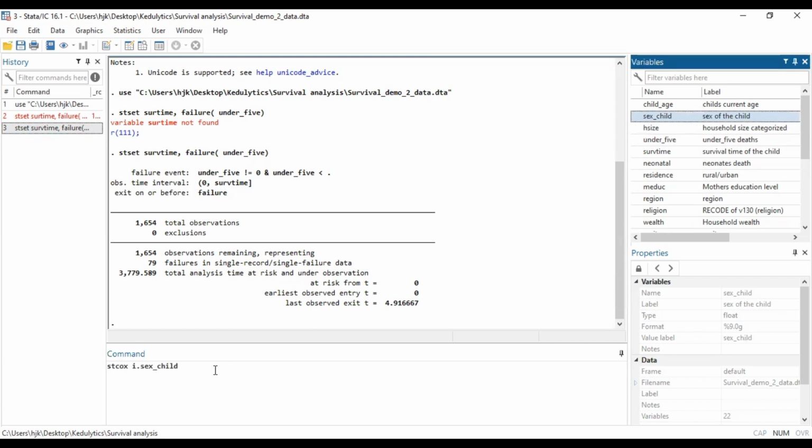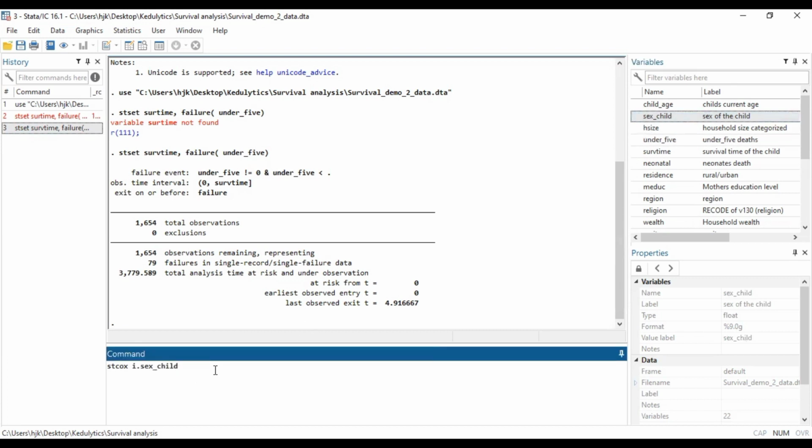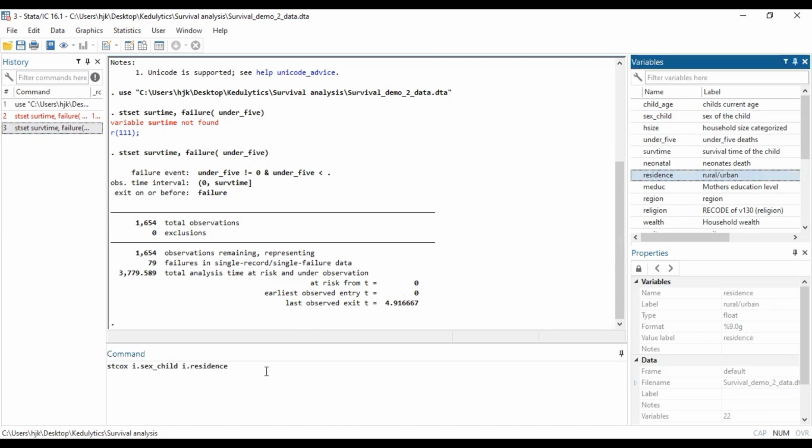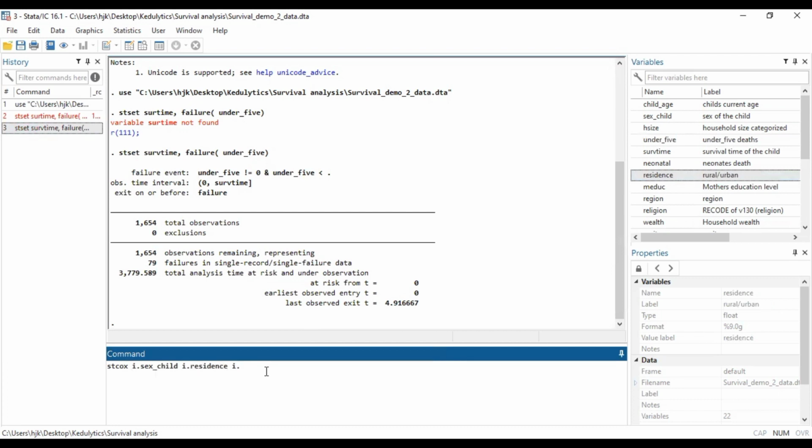Here we're interested in looking at sex, place of residence, and mother's education, which is edu.